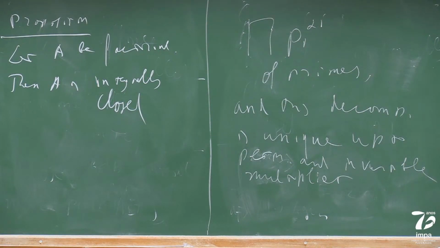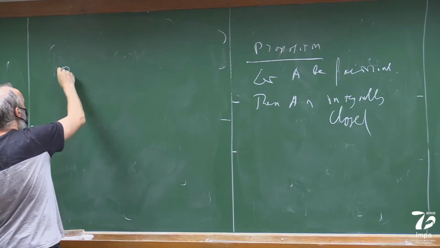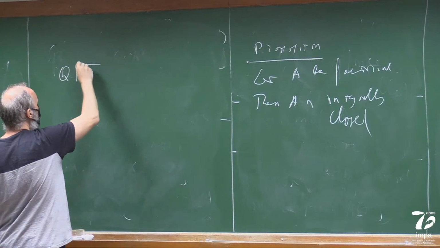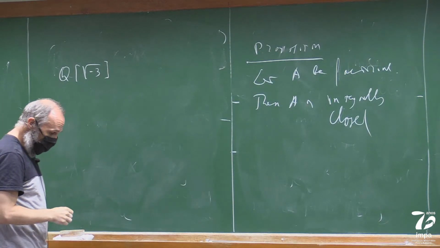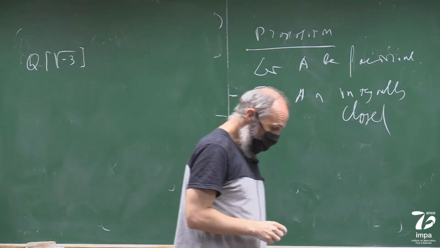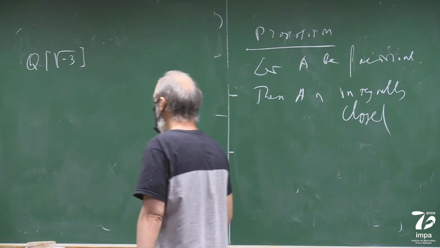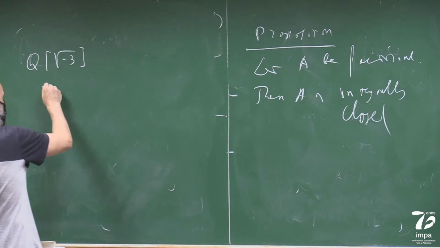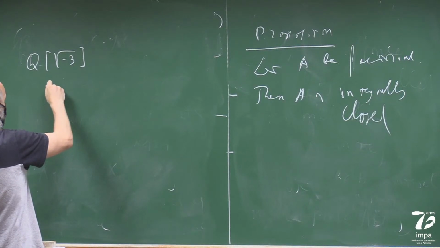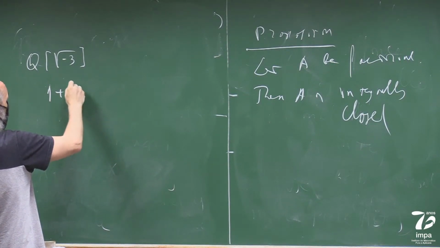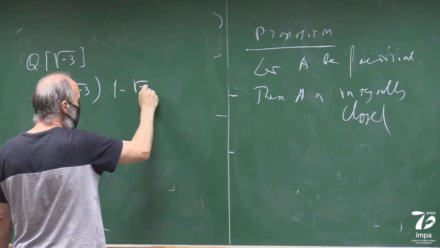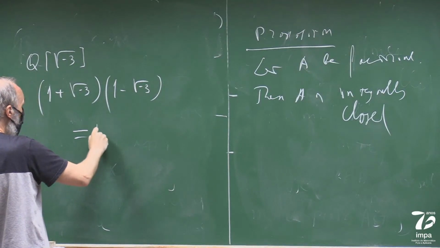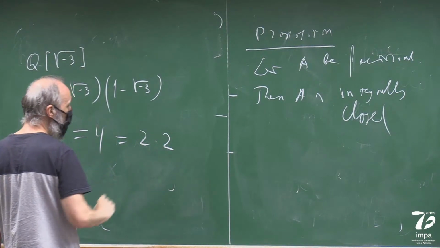You can consider the field Q of square root of -3. It doesn't have prime decomposition because you have 1 plus square root of -3 multiplied by 1 minus square root of -3 is 4, is 2 by 2.